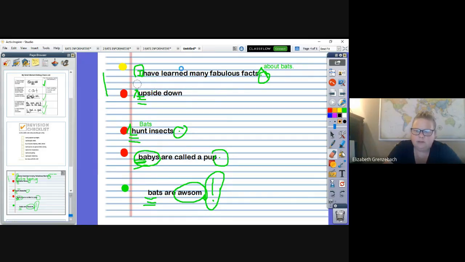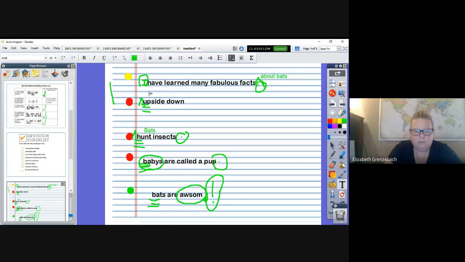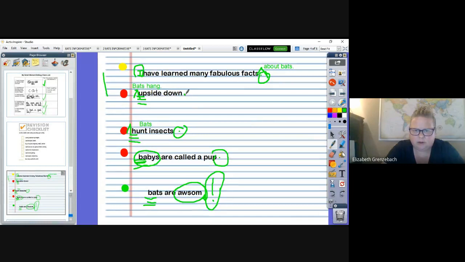I apologize. Bats hang upside down. And now I'm just noticing there's no period left here, so I want to make sure that I add that back in. Bats hunt insects. Babies are called a pup.